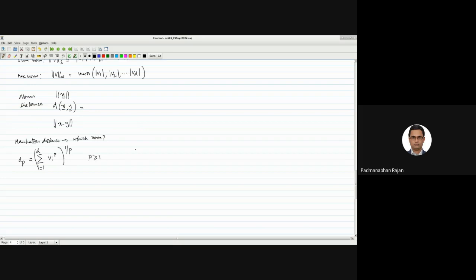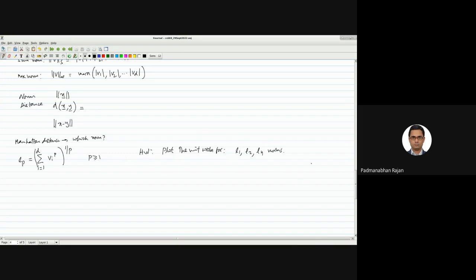As homework, you can write a program and plot the unit circles for the L1, L2, and L4 norms. Take it as homework.